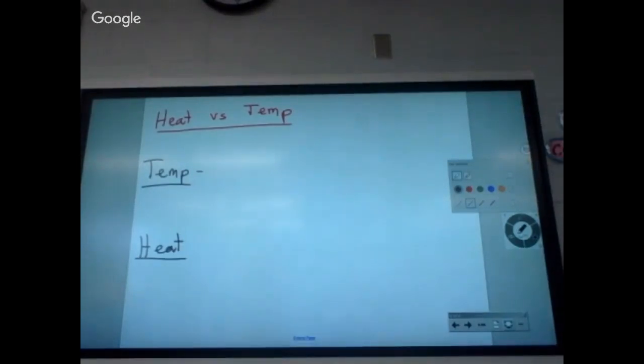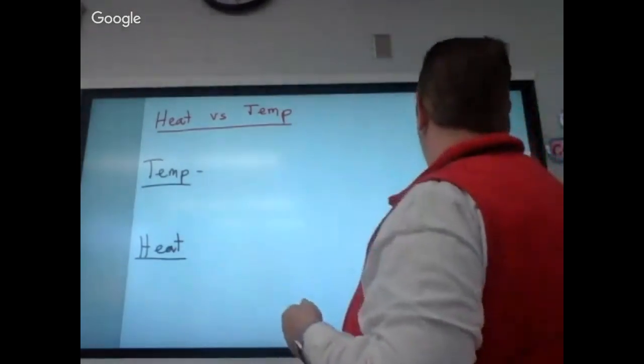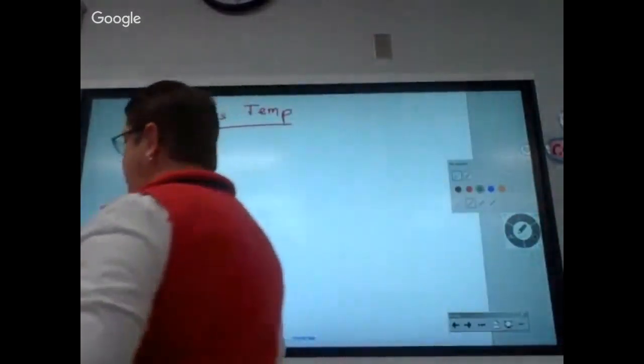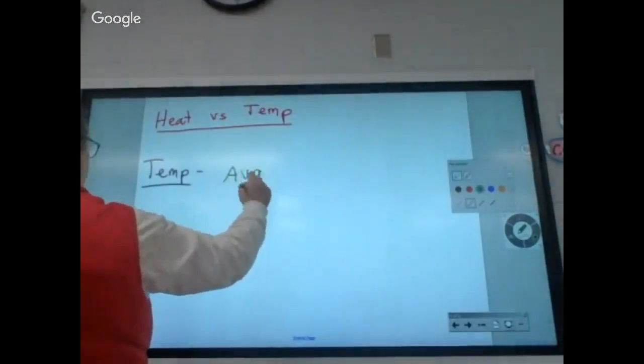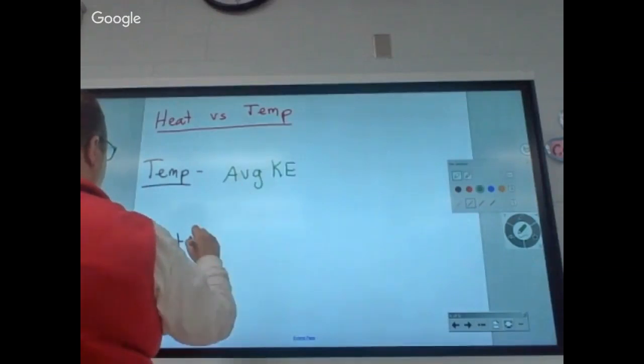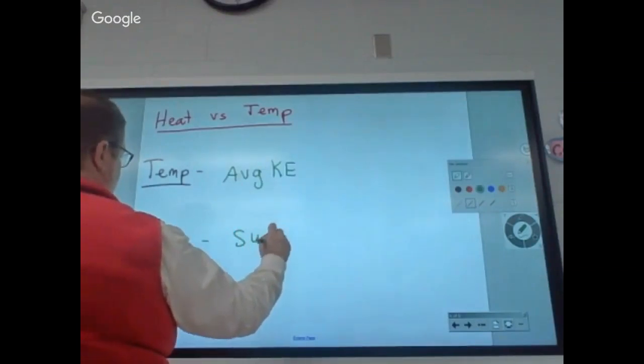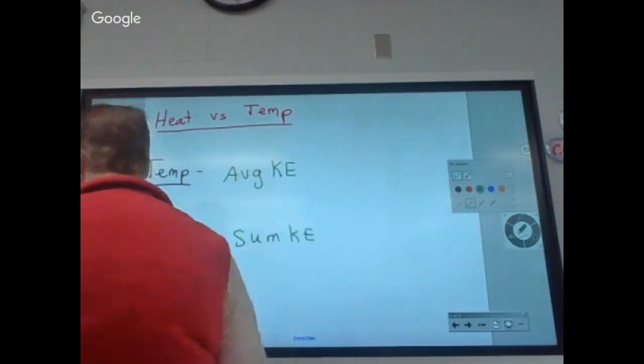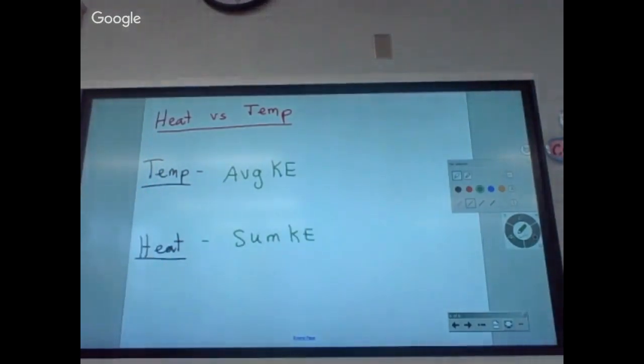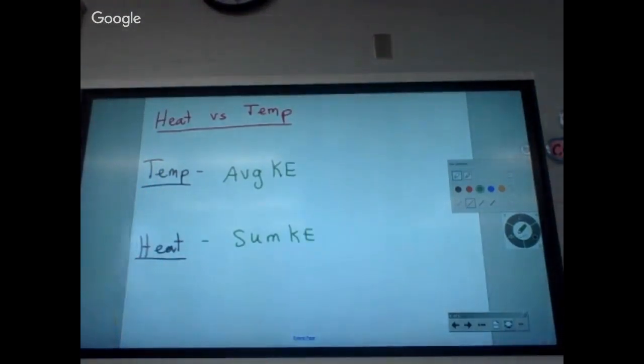All right, so yesterday when we talked about temperature, what was the key word for temperature? Average kinetic energy. What was the key for heat? Sum of the kinetic energy. In order to know if you have a higher or lower temperature, we look to see if the molecules are doing what?